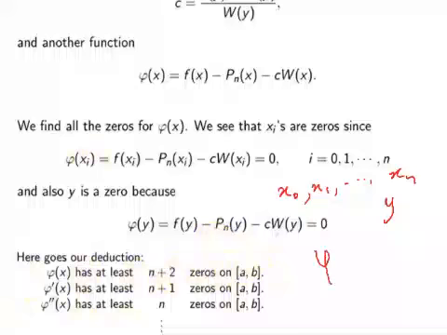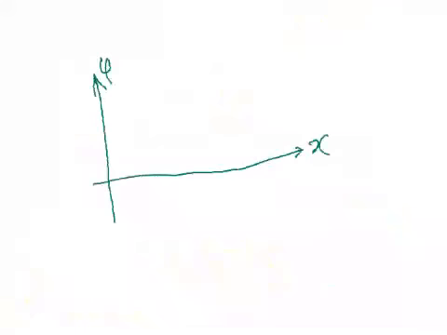So alright, here you have the phi function. This is your phi function, this is your x. This function is defined on the interval [a, b].